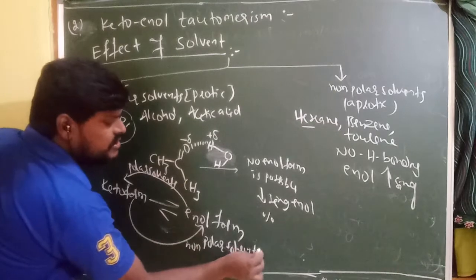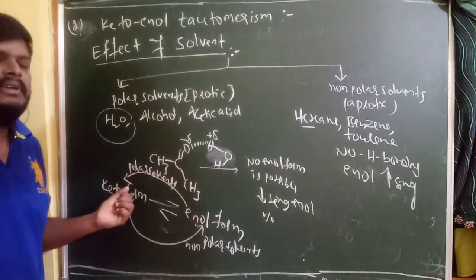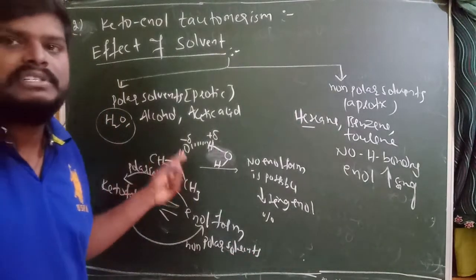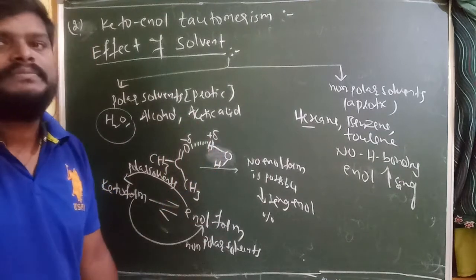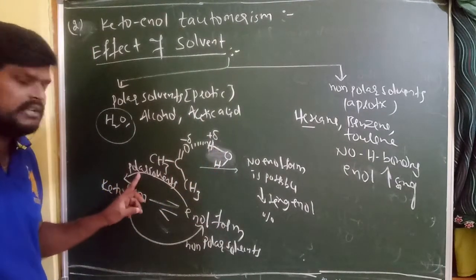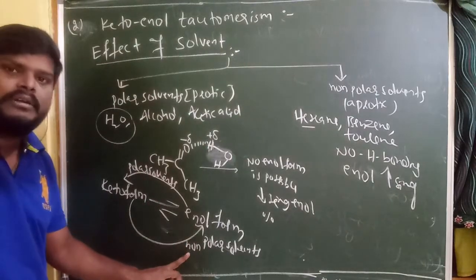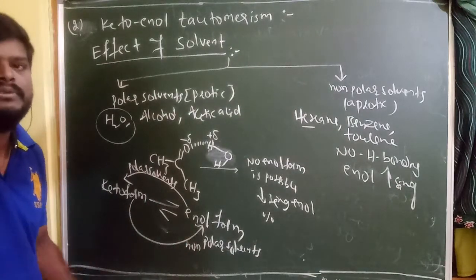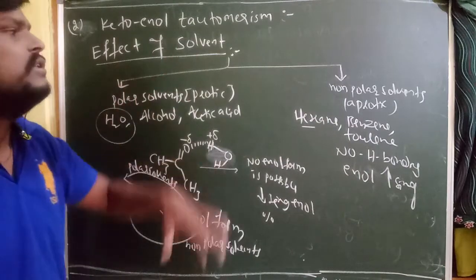So this is the shortcut to understand. So what is the effect of solvents on carbonyl compounds? The keto form is more in polar solvent, the enol form is more in non-polar solvents. So I hope all of you understand the effect of solvents.